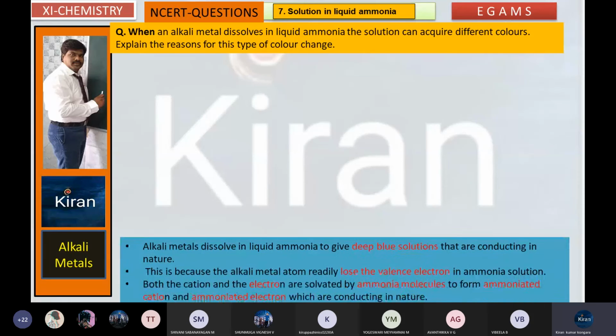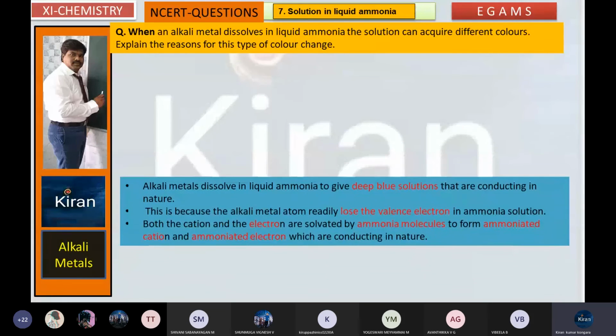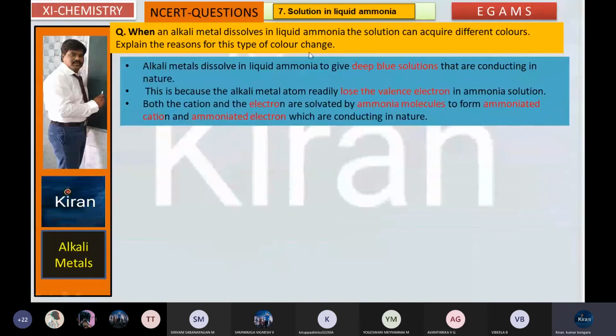When alkali metal dissolves in liquid ammonia, you will get a deep blue color solution that conducts electricity, which acts as an electric conductor.